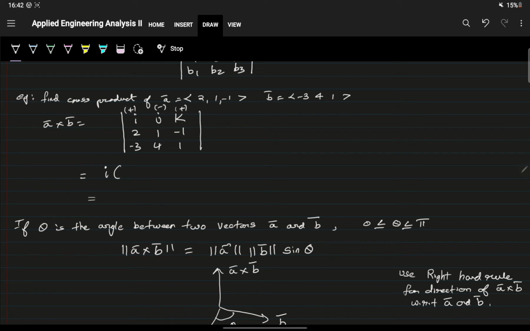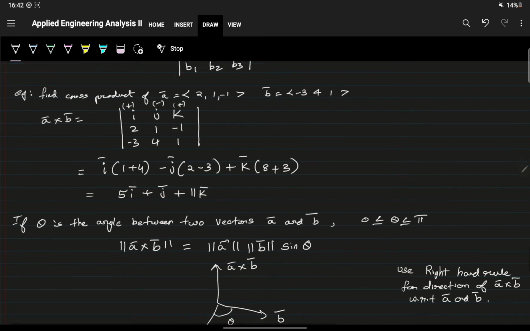For i, 1 into 1 plus 4, minus j is 2 minus 3, plus k is 4 times 8 minus 9. So this is 5i plus j plus 11.